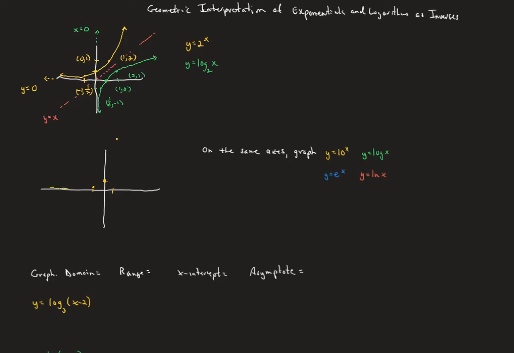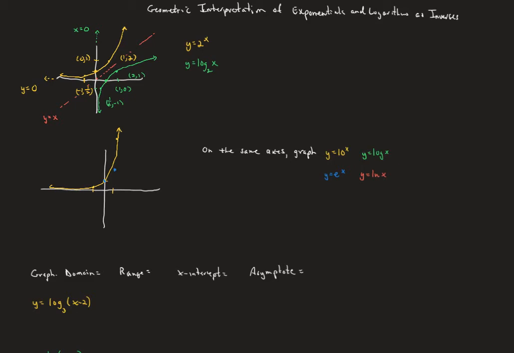So it's going to really hug that x-axis pretty quick, and it's going to rise very steeply once it crosses our y-axis. Now the blue, e to the x, is also going to share that point (0, 1) because e to the 0 is still 1. When we plug in 1, it's only going to be e to the first, which is e, about 2.7. So it's going to be much smaller than 10 was for 10 to the x.